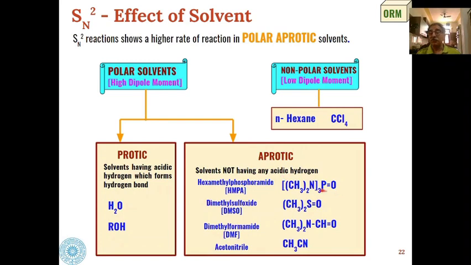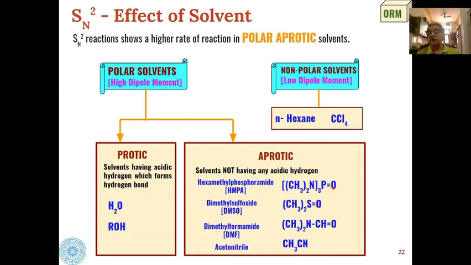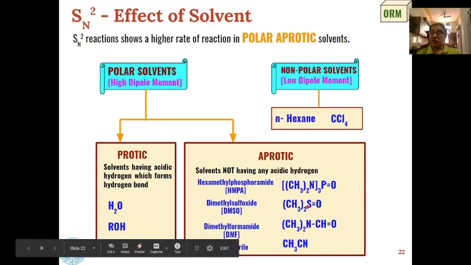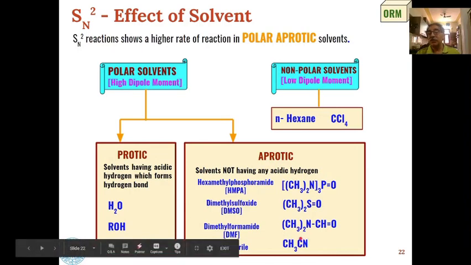In the phosphorus-oxygen bond, phosphorus is positive and oxygen is negative. Carbon is positive, oxygen is negative. This is a carbon-nitrogen triple bond; nitrogen can acquire negative charge, carbon can acquire positive charge. So they are polar aprotic solvents.